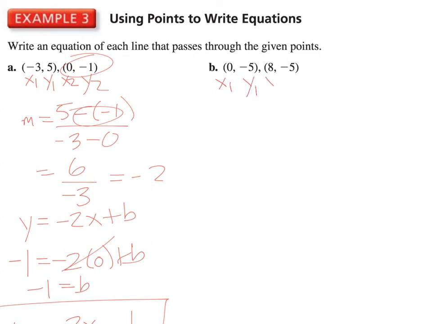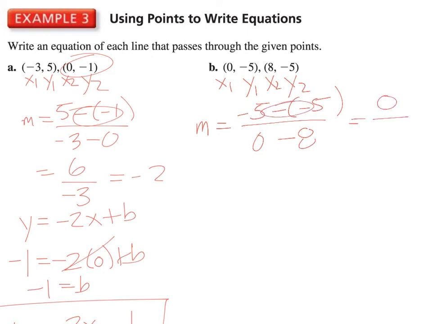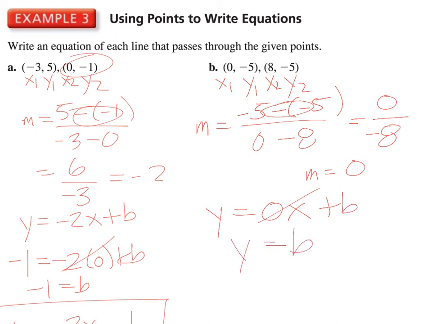x1, y1, x2, y2. This should be getting pretty easy by this point. So rise over run: y1 minus y2 over x1 minus x2. I have -5 plus 5, that's 0, over -8, which is just 0. So I have y equals 0x plus b, so now I just get y equals b. What does this mean?